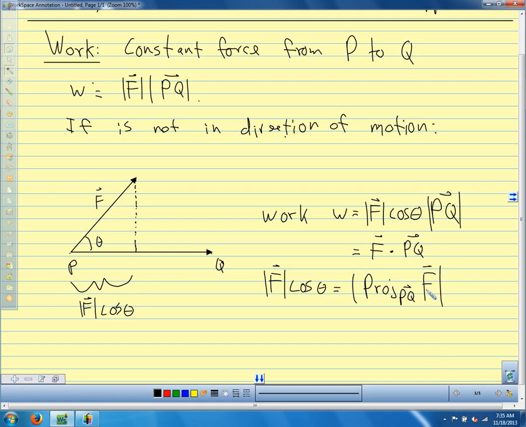Oops, I need my vector sign here. So we can also write that the work is the magnitude of the vector projection onto PQ of F times the length of PQ. So two different ways of thinking about work. This one is the most common, just F dot PQ. A very straightforward application of the dot product.